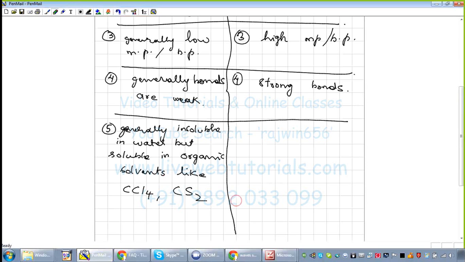Ionic compounds will be soluble in water but insoluble in organic solvents.